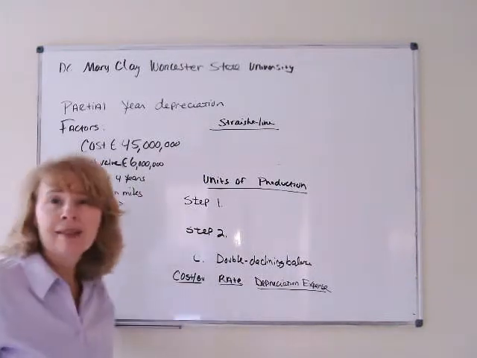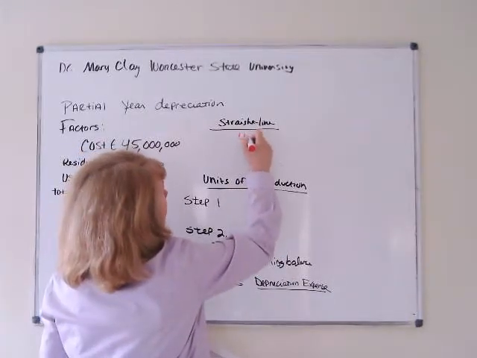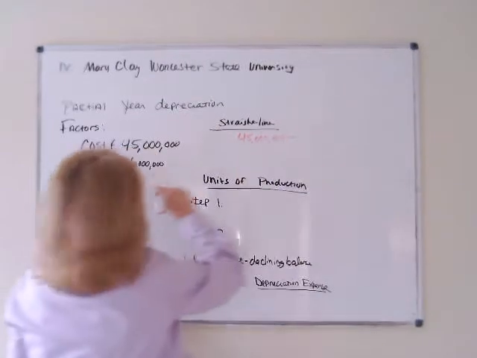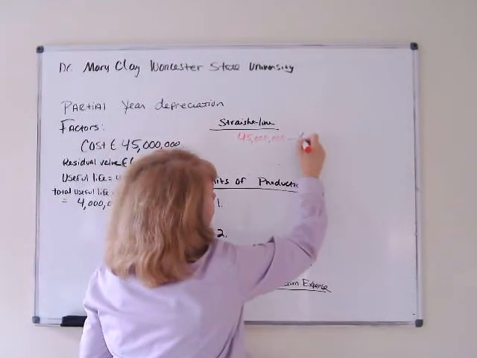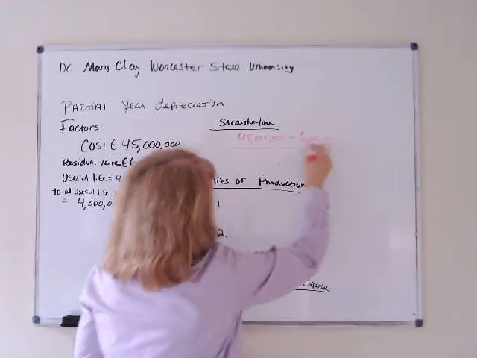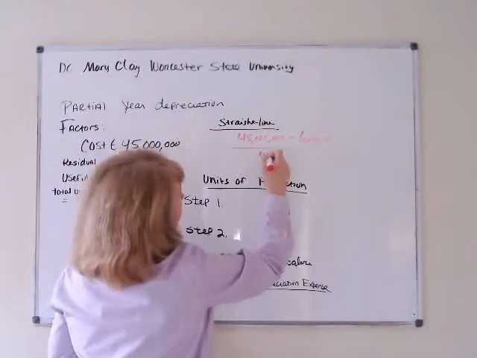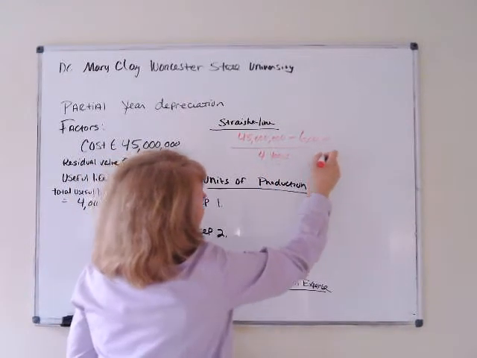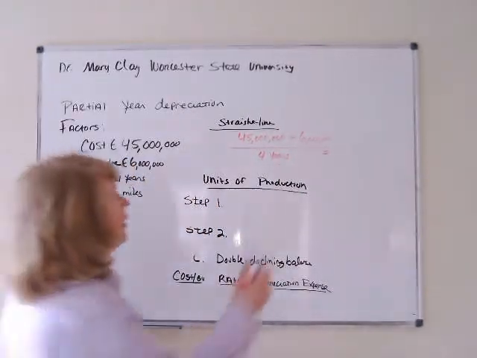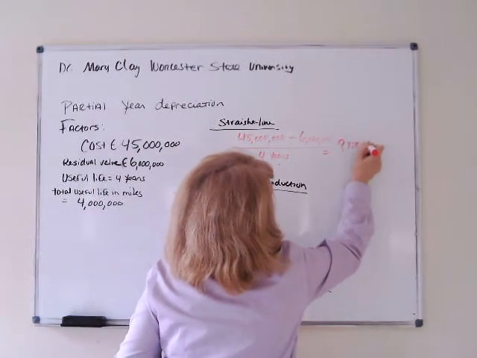So straight line, remember that's your easiest method. You're going to take cost, minus out your residual value, and divide the total value by the number of years, 4 years, and that will equal $9,750,000.